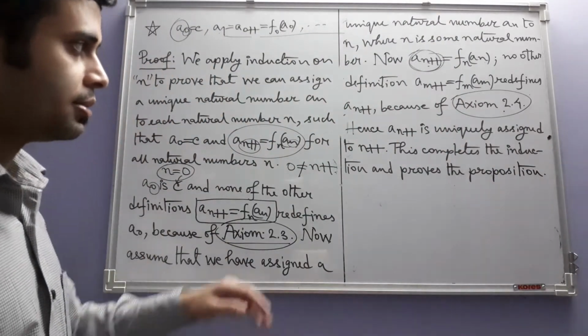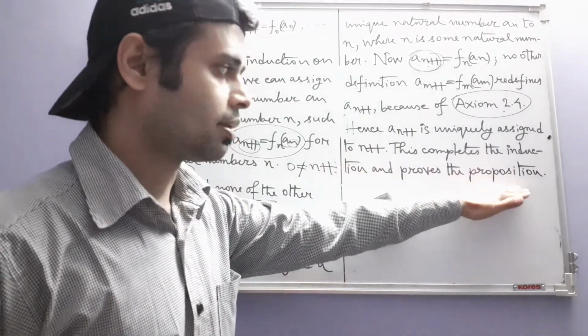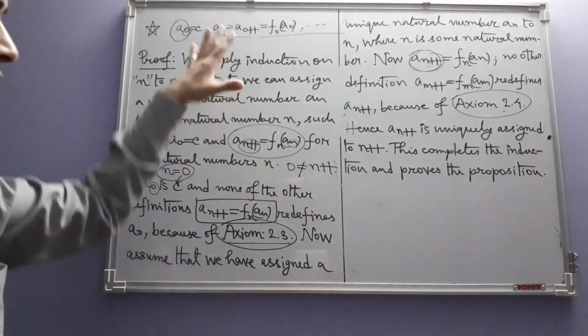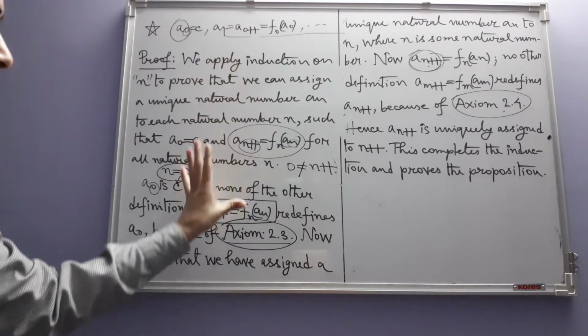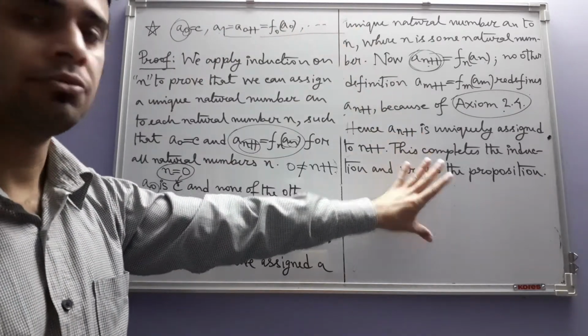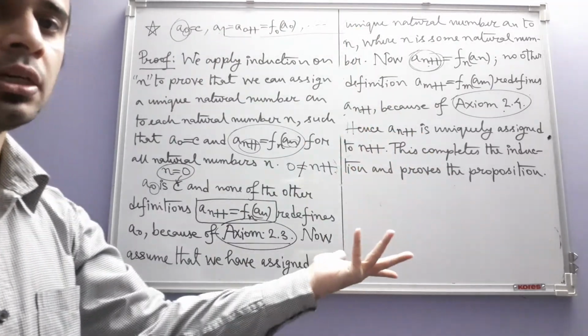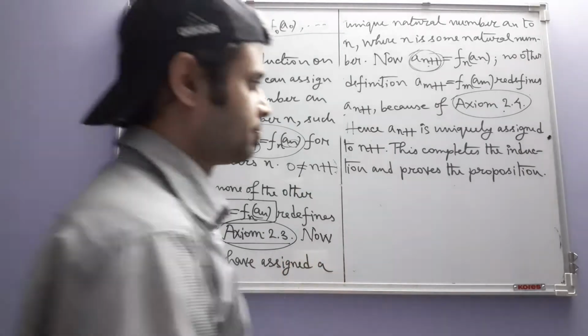Here the proof ends, and the fact that we have used the fifth axiom is simply indicated by the way we have proved it. We are using induction means we are using the fifth axiom.